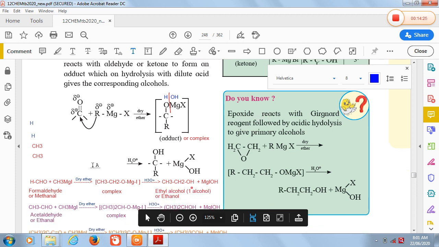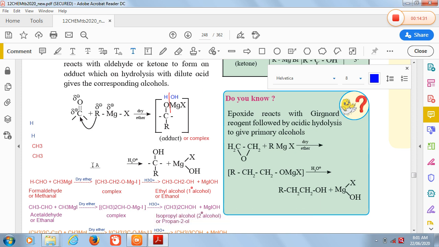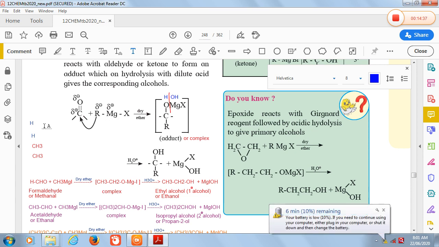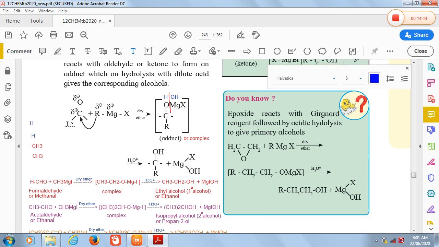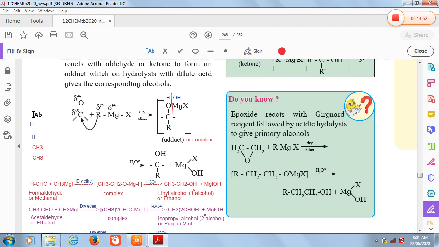Let us see the different carbonyl compounds and what we get by using each compound when Grignard reagent reacts with it. So first let us choose an aldehyde. For that purpose we have to use hydrogen.